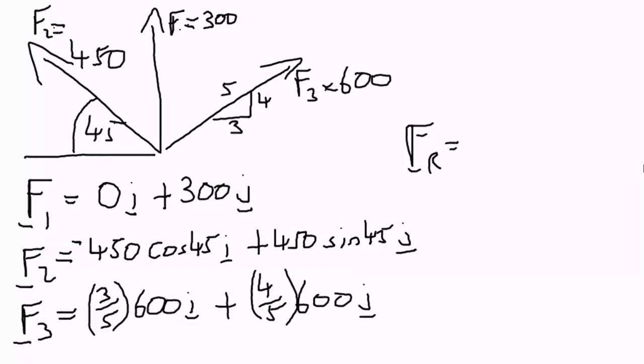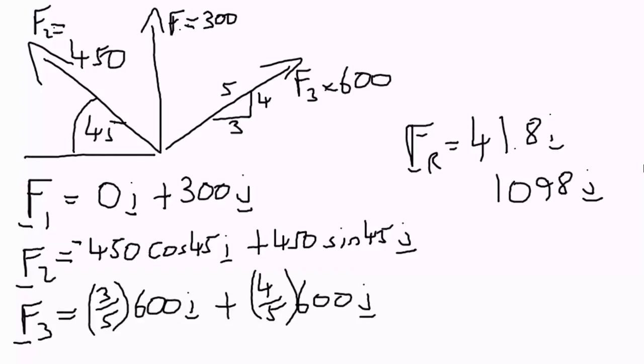Our resultant force is then going to be 0I plus 450 cos 45 I plus 3/5 of 600 I. If we add those together, we get 41.8I, not forgetting that the middle vector was a negative I. Then if we add all of our J components together, we get 1098J. So that gives you the resultant force, one force as a Cartesian vector.